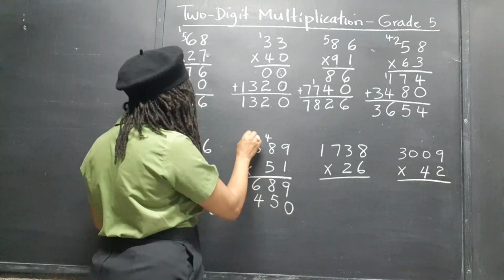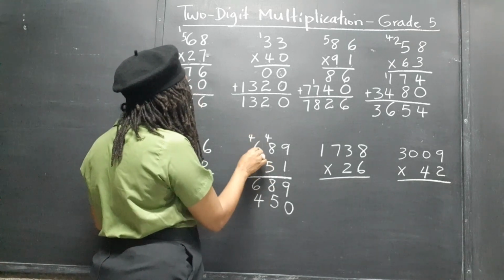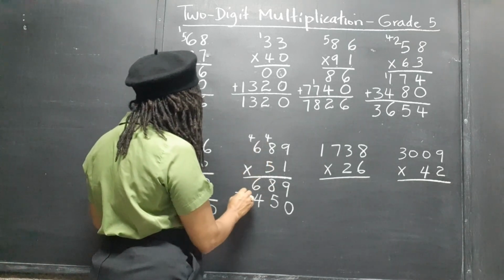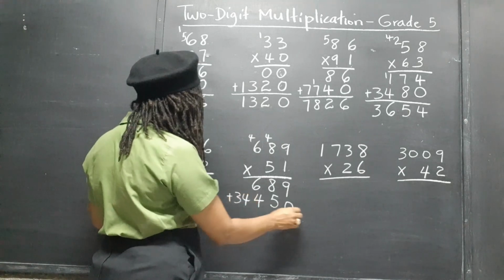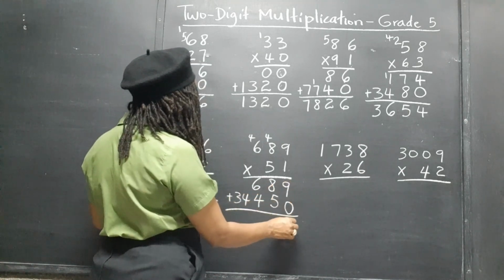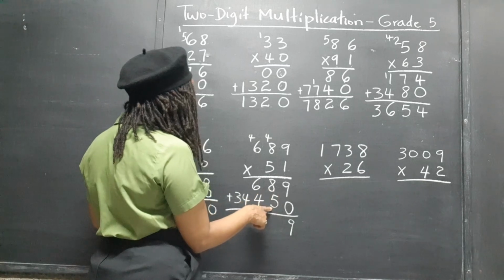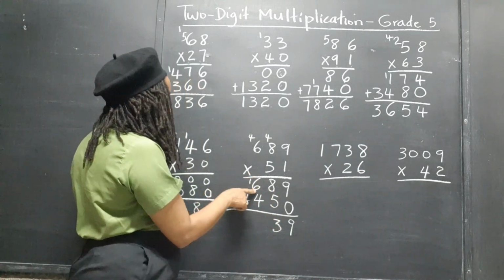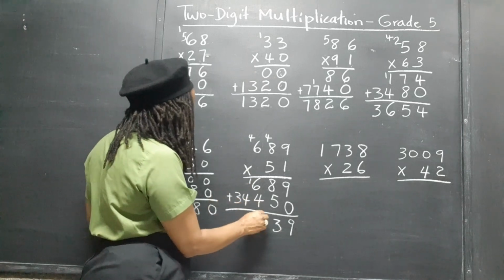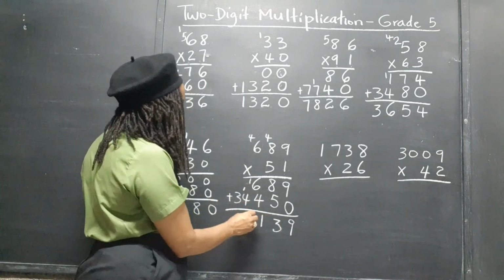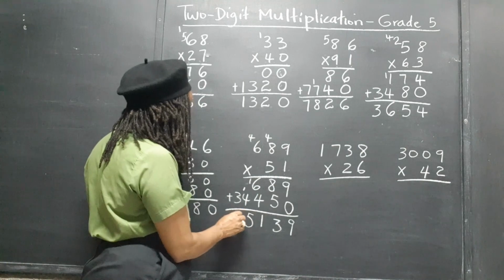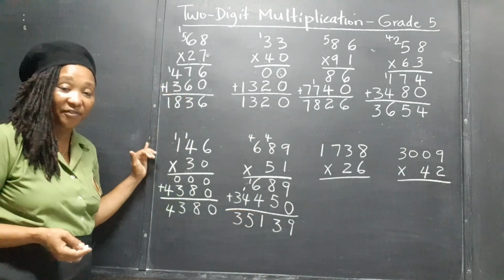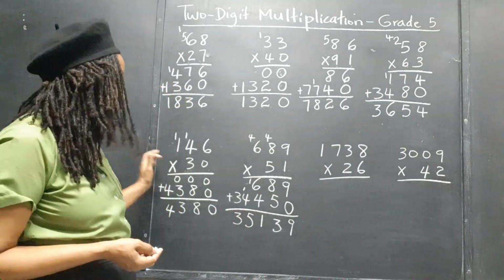That's 4, carry 4. 5 6s are 30 plus 4, 34. So 9 plus 0, 8 plus 5, 13. That's 3, carry 1. 6 and 1, 7 and 4, 11. 4 and 1, 5, and we carry down 3. That's 35,139.